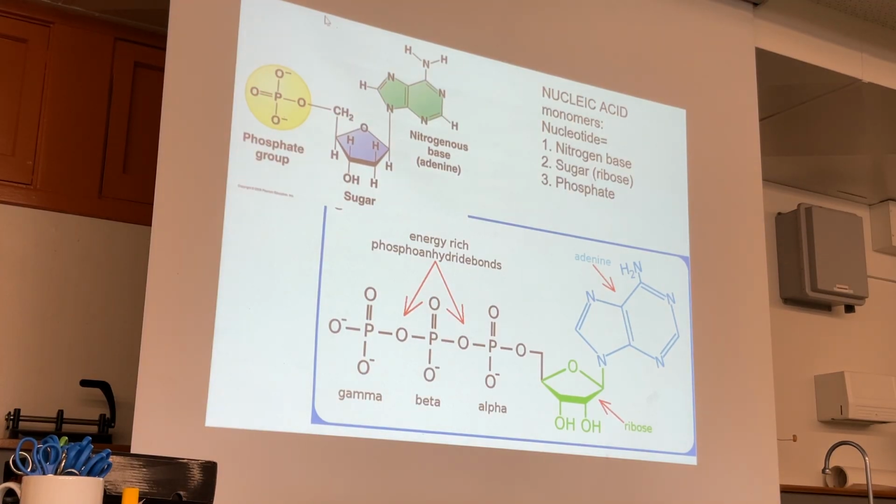Okay, nucleic acid. So what makes a nucleic acid a nucleic acid? What atoms do you see? Nitrogen. Very good. But the nitrogen, we call this area of the nucleotide a nitrogen base. Then there's two more sections. There is a phosphate group.